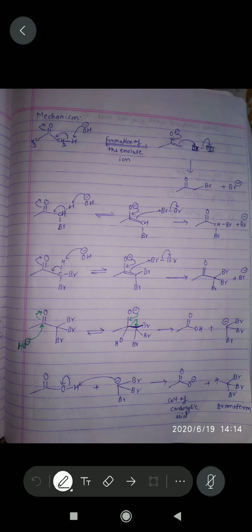First, here I have taken bromine, Br2. It means you have to take NaOH plus Br2. You can also take I2, but here I am using Br2. In this way, see its mechanism. So this is acetone, CH3COCH3.